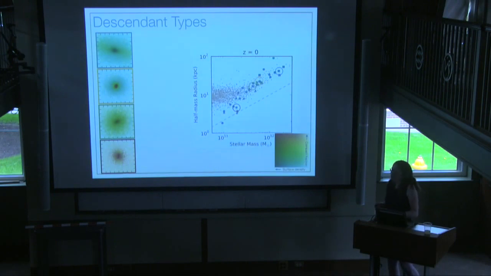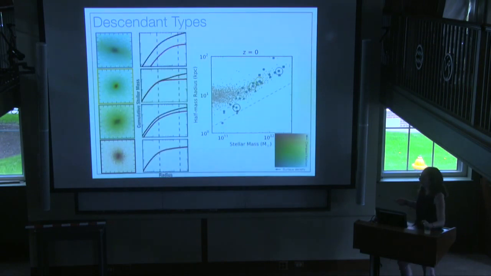Well, one way that we can do it is by looking at the cumulative mass profiles of these galaxies. So here now I'm showing basically the enclosed stellar mass at a given radius, where the black line is all the stars and the red line is just the stars from the compact progenitor. So this guy down here, the two lines are essentially the same.